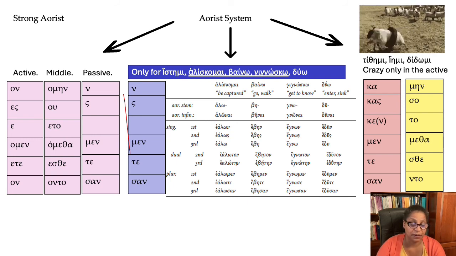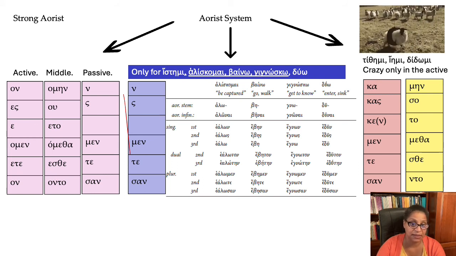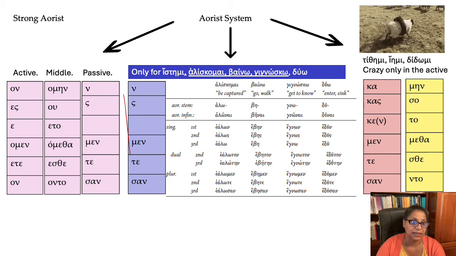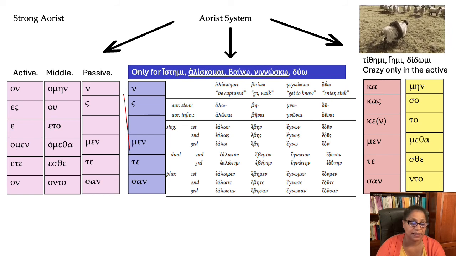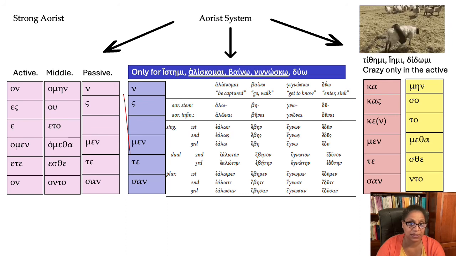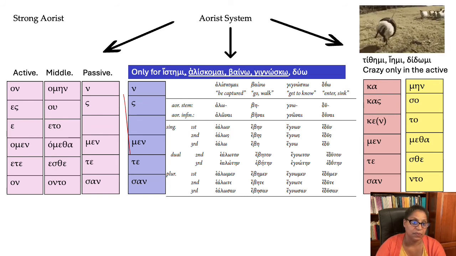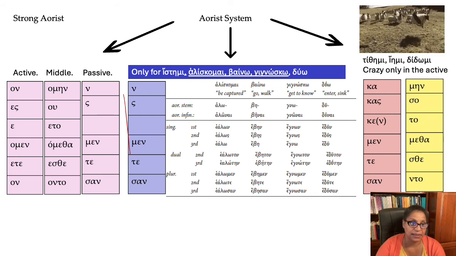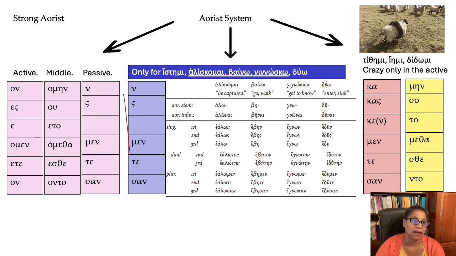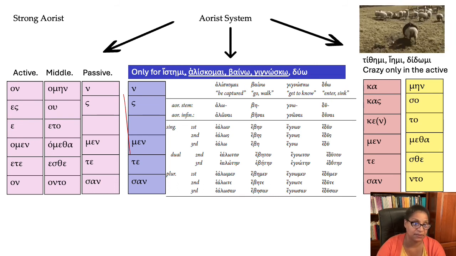Now, there are weirdos. So I don't consider histemi a weirdo, but its strong aorist helps out with the actual weirdos, which are haliskomai, baino, gignosko, and duo. So what you're doing here is you're putting the imperfect endings, or the secondary endings of the mi-verbs, onto this aorist stem of these verbs.